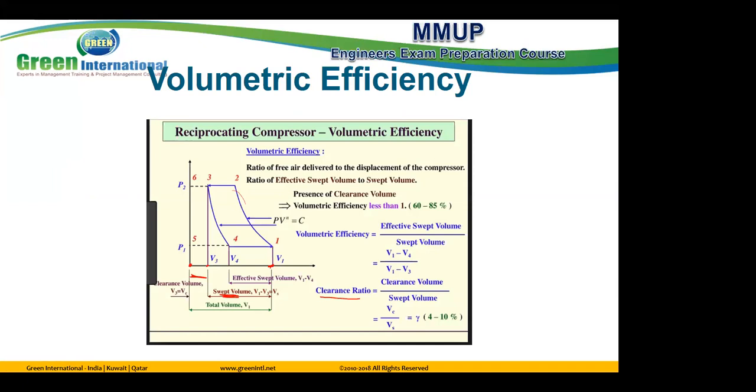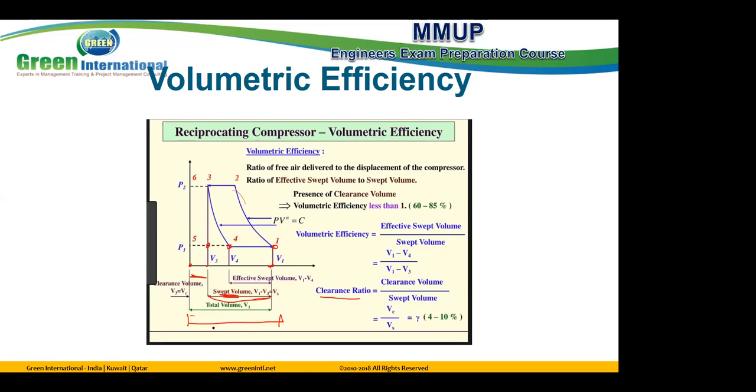Here, briefly, what is the swept volume, what is the effective swept volume, what is the total volume. This represents the total volume available. This one is the swept volume, between the maximum volume and the minimum volume of the cycle. And for the process itself, this is the effective swept volume.